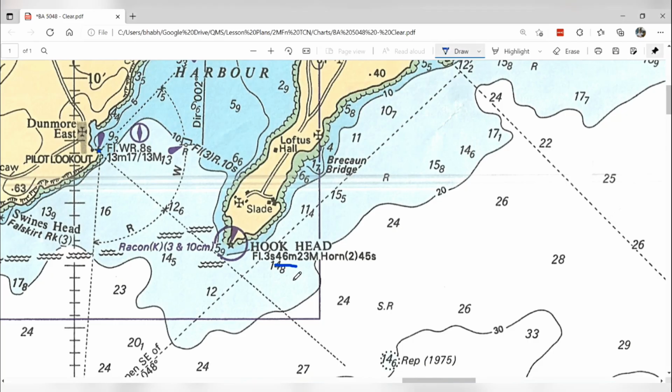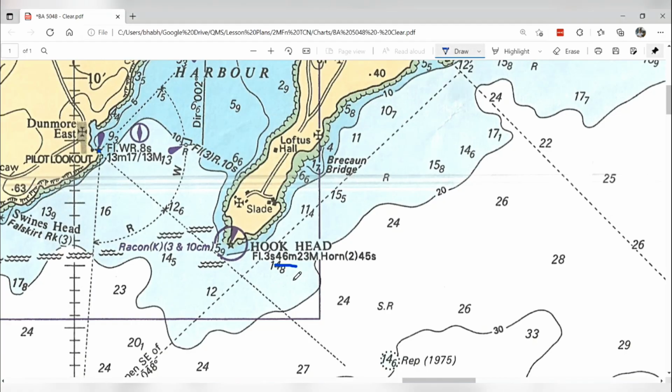You don't need to go into detail. What we need to remember here is that this 46 meter height is applicable if the sea level is at mean high water springs. If the sea level is above or below mean high water springs, then the height of our lighthouse will change.